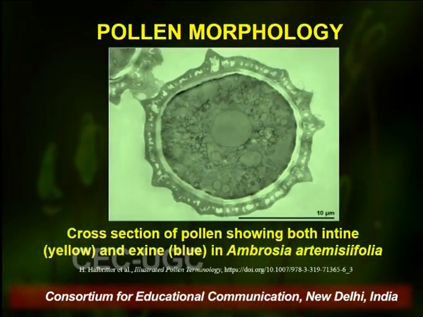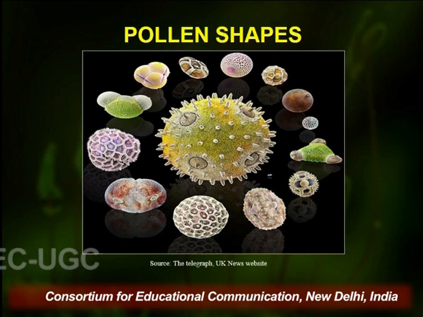Now talking about the morphology of the pollen, this picture depicts a cross section of pollen which shows the inner wall layer, that is the intine, and the outer sculptured layer which is called the exine. This is in Ambrosia. Pollen grains can have different shapes and sizes.